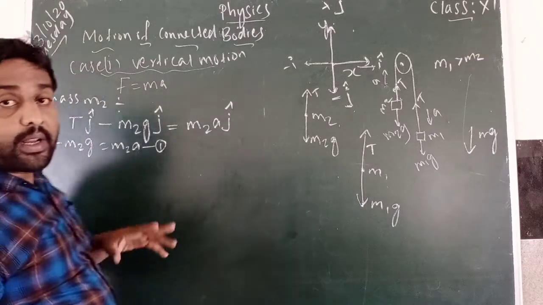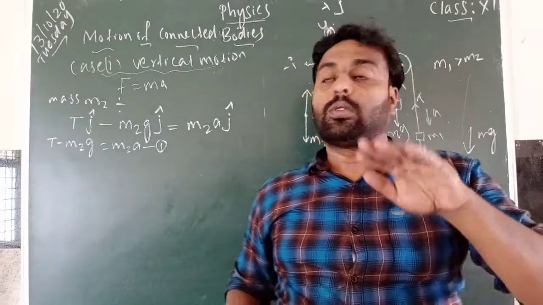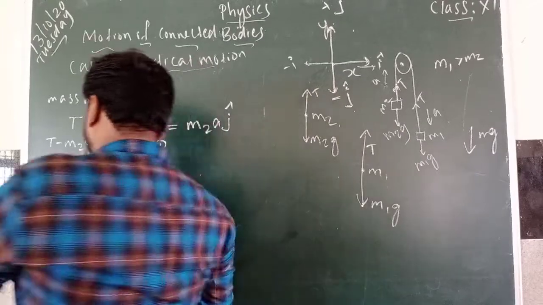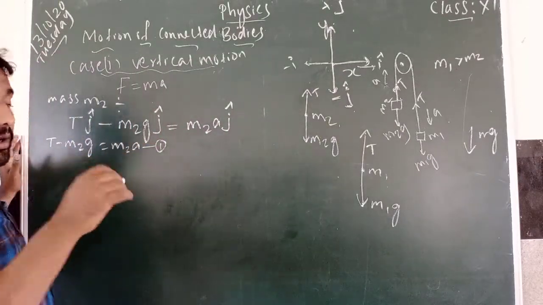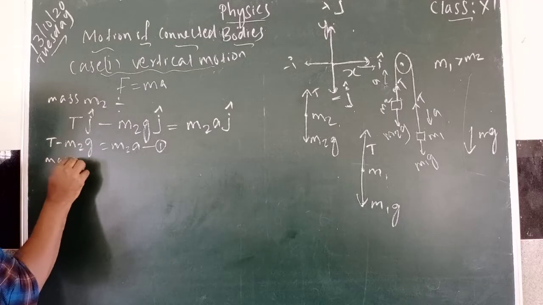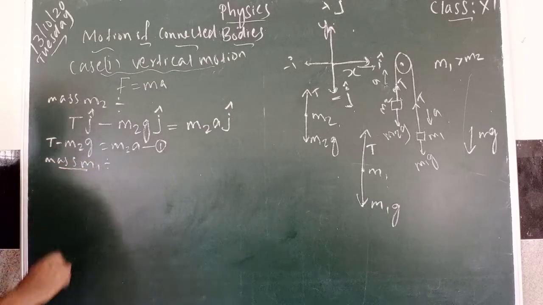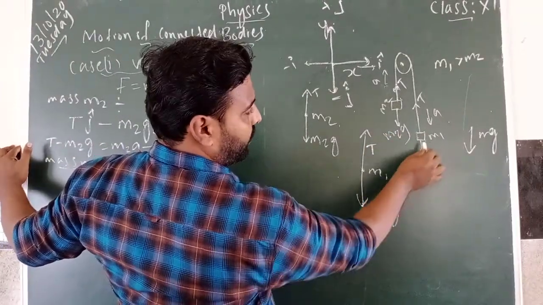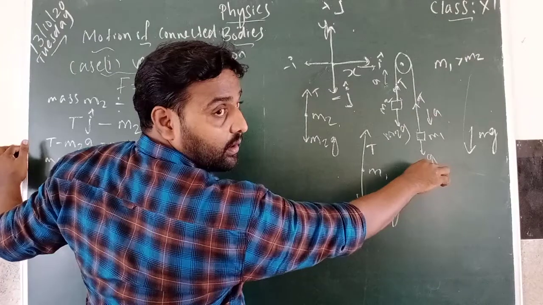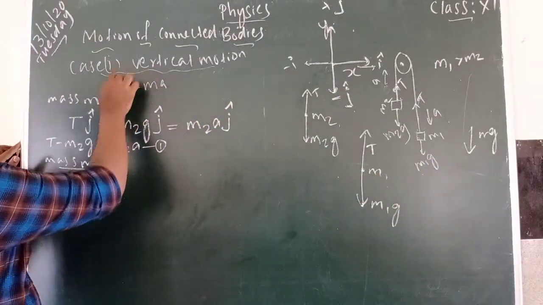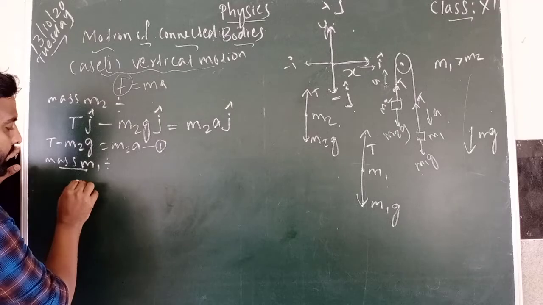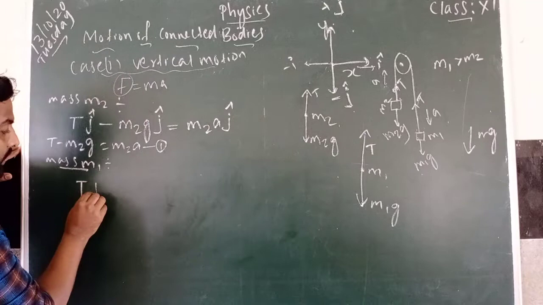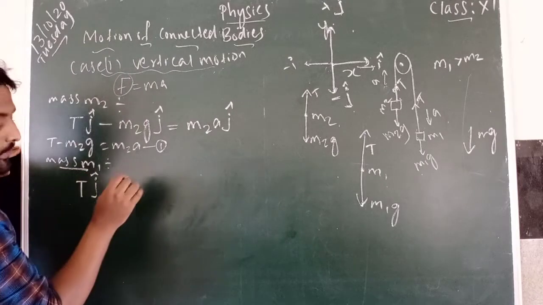Similarly, you do the same for mass 1. Applying Newton's second law on mass m1: take this mass, upward tension and downward m1g. This is the total force. Tension is upward, which means plus j, unit vector j.